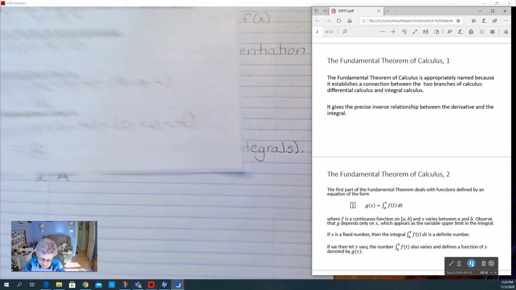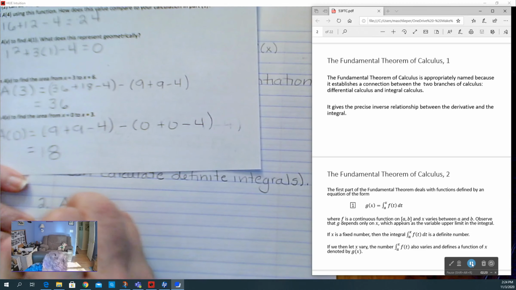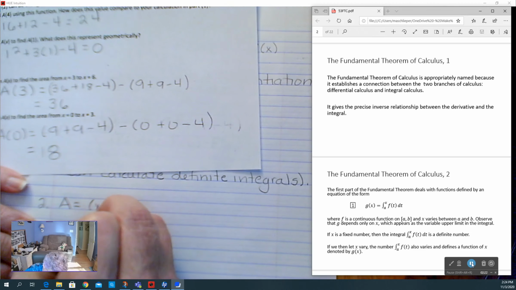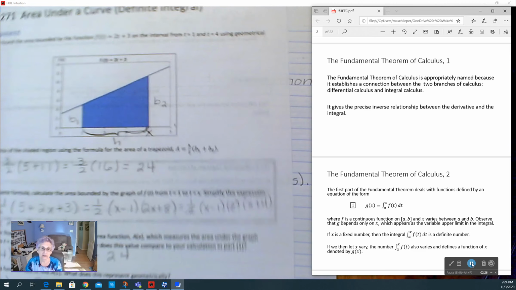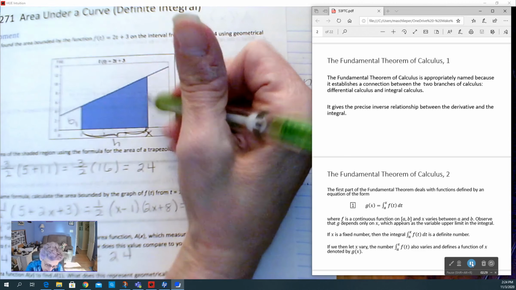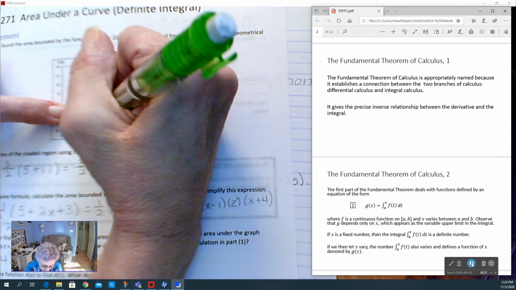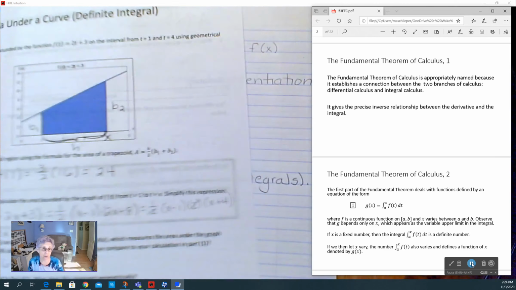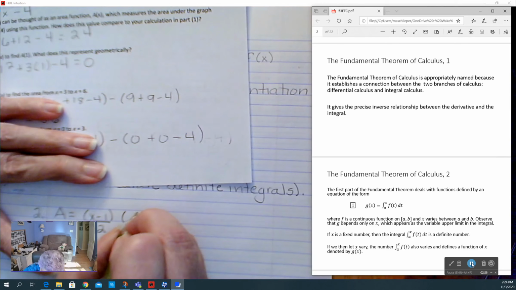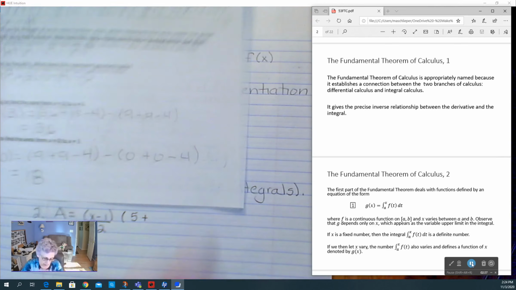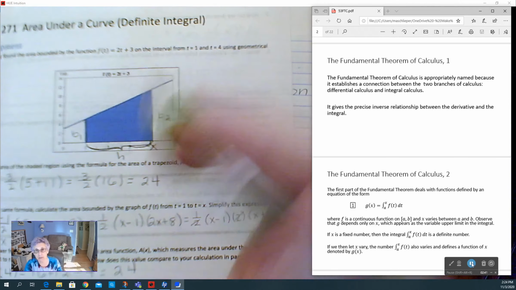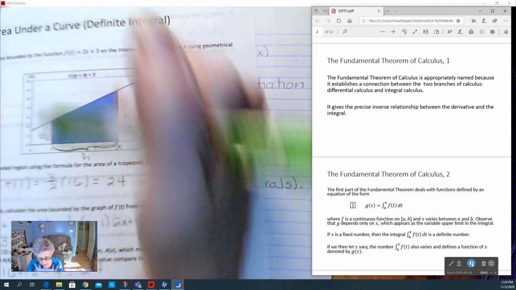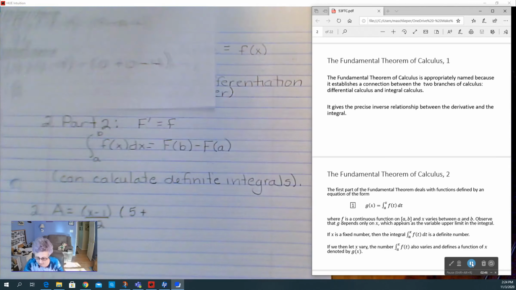So my height is x minus 1. Then my bases, well, base number 1 stays the same. I can just plug 1 in. It's equal to 5. Base number 2 would be equal to 2x plus 3, wherever you get the height when you plug x in.